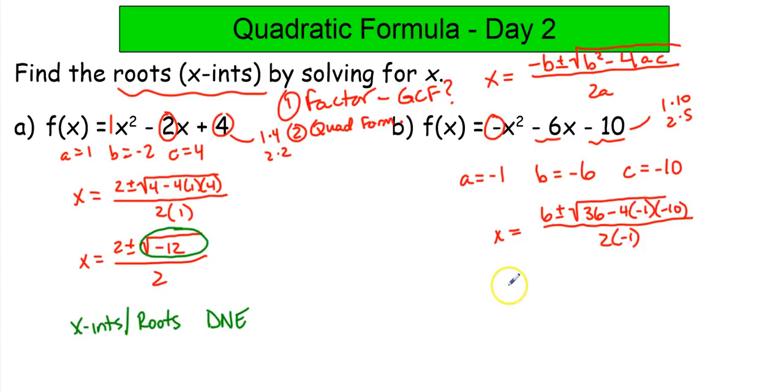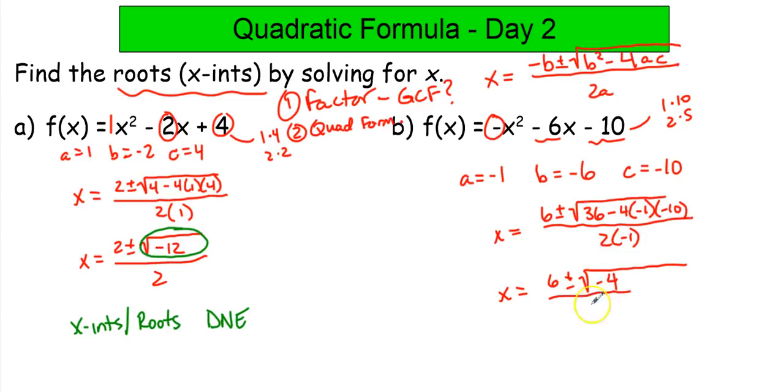Go through and simplify. We've got x equals 6 plus or minus. Let's look at what happens inside the square root here. 36 minus 4 times a times c. The negative a and the negative c would give me a positive, but then we have another negative from the minus, and a positive times a negative is going to give me a negative. 36 minus 40. 4 times 1 times 10 is 40. So that's a negative 4.